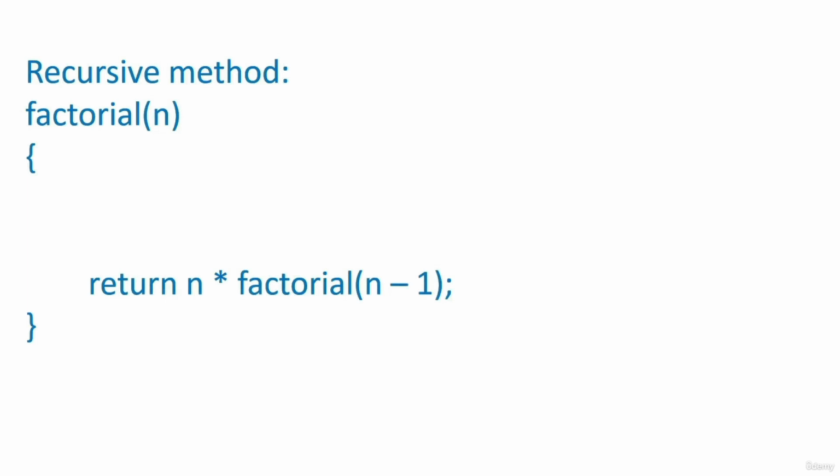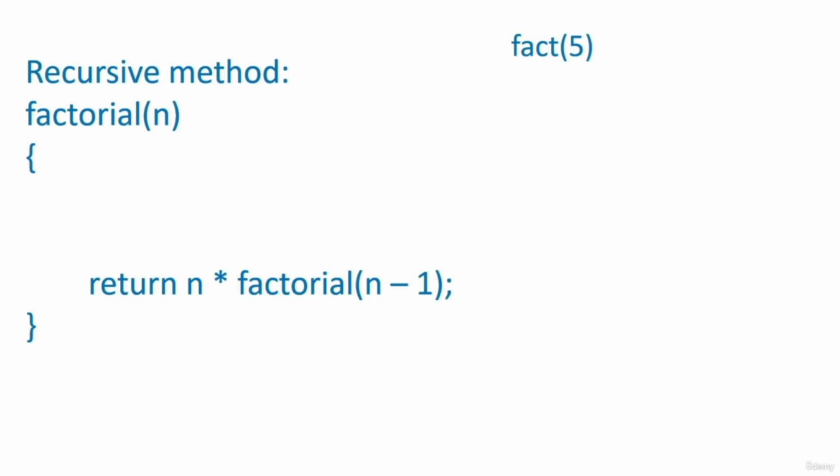Here in the recursive method, we will write the same function for factorial, but this time we will be returning n multiplied by factorial of n minus 1. So we can observe here that the factorial function is invoked inside the factorial function itself. Let's understand our previous example. We have to calculate the factorial of 5.